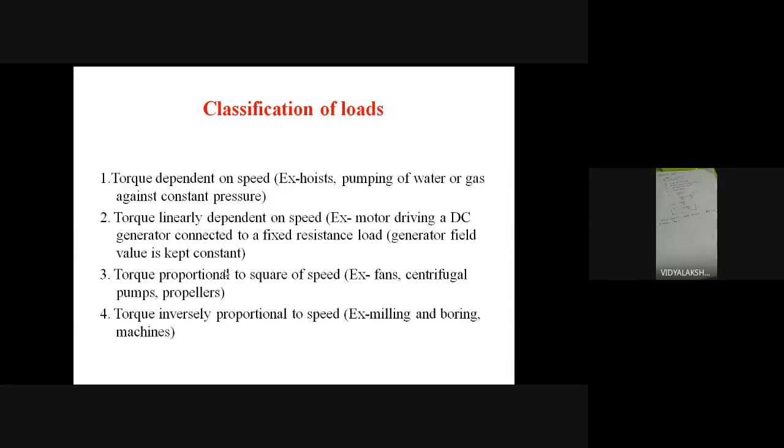Now I am going to draw the graph for the four types. From this graph, you can understand what is meant by torque dependent on speed, and torque linearly dependent on speed. I have drawn it on an A4 sheet.